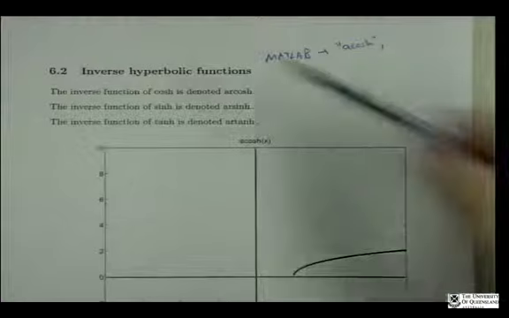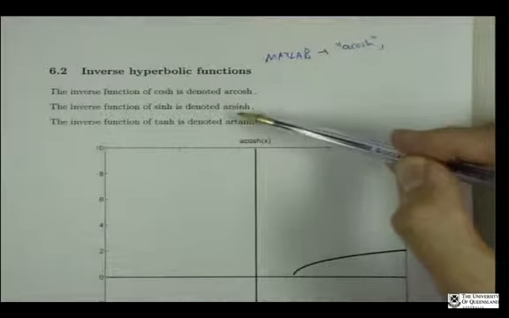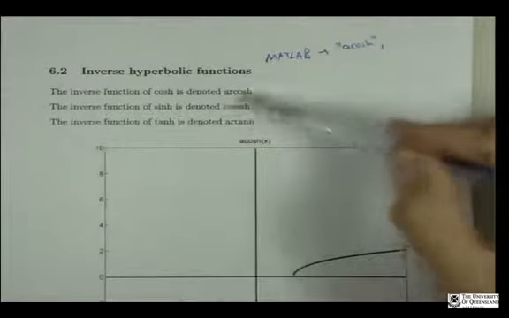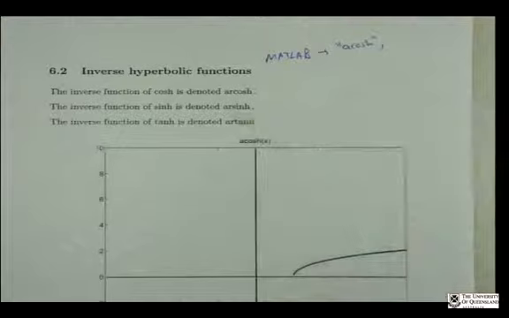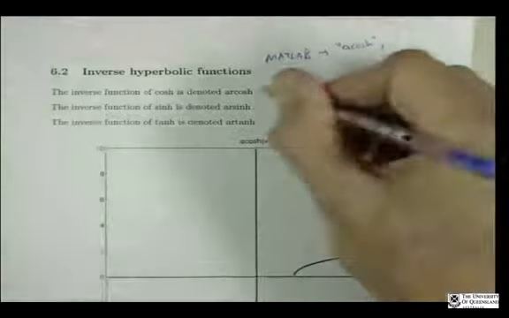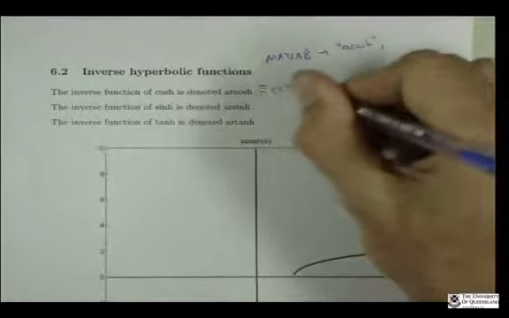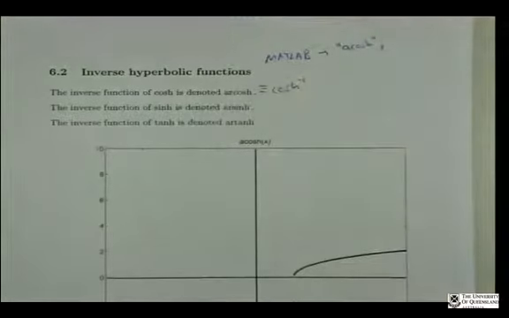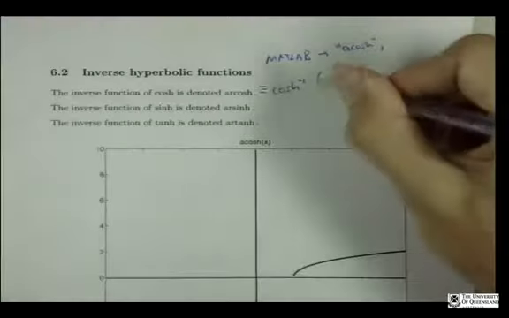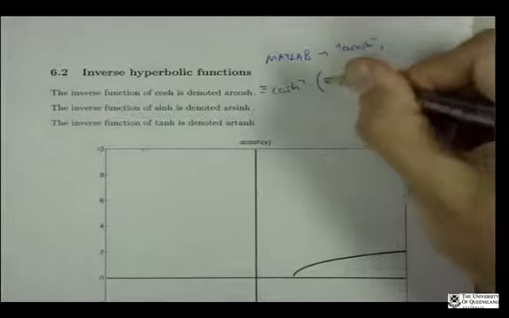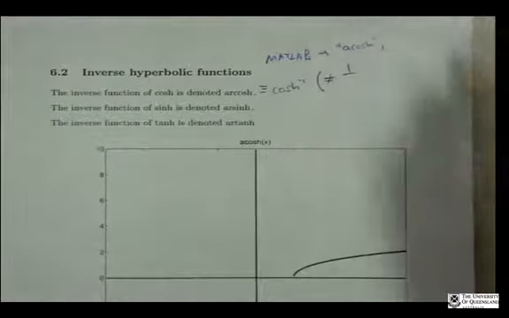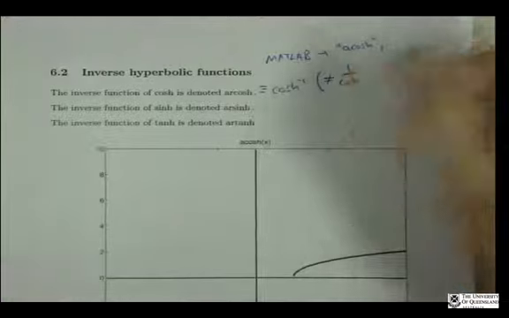But here I've written, a lot of the literature will refer to them as arcosh or arsinh, artanh, and so on. My tendency is to write cosh to the -1 to denote the inverse function. And I'll just point out that this is not the same as 1 on cosh.